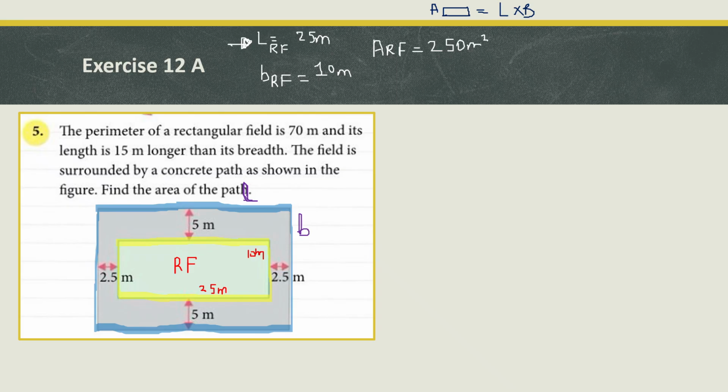This is, you can say, the bigger rectangle. So length of big rectangle, if this length is 25 meter, so this would be 25 as well.